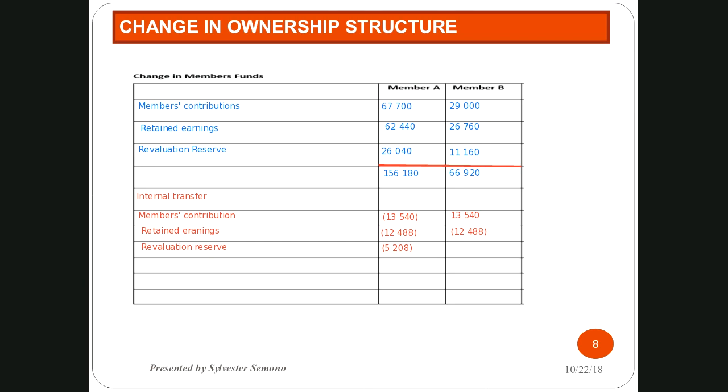Okay, so I didn't have to put brackets here, guys. Check this one. Retained earnings under B must be without brackets. So exclude brackets on this one. I'm referring to this one. Please exclude brackets here. Okay.